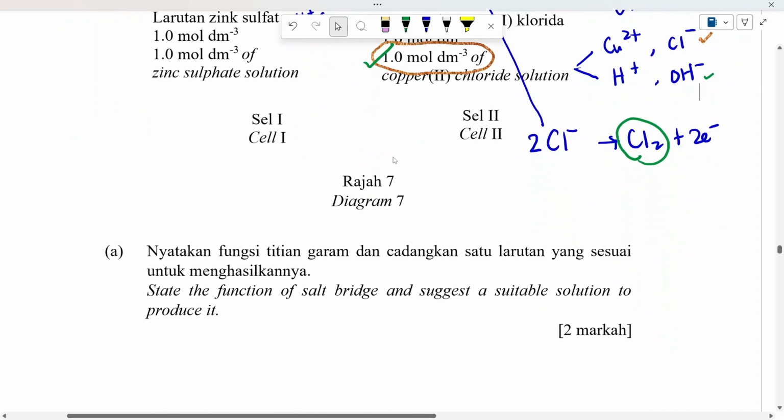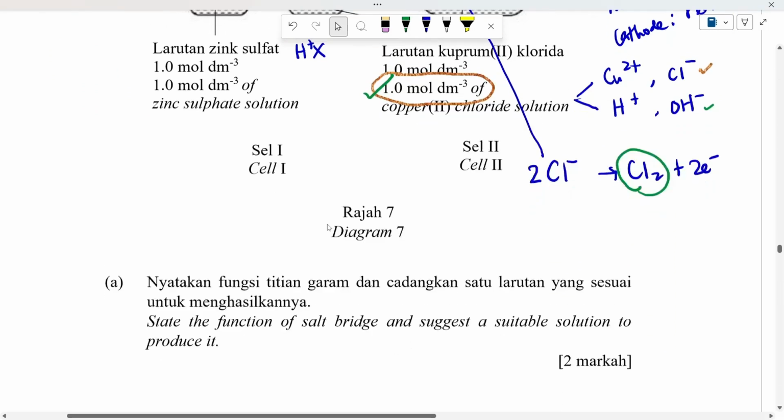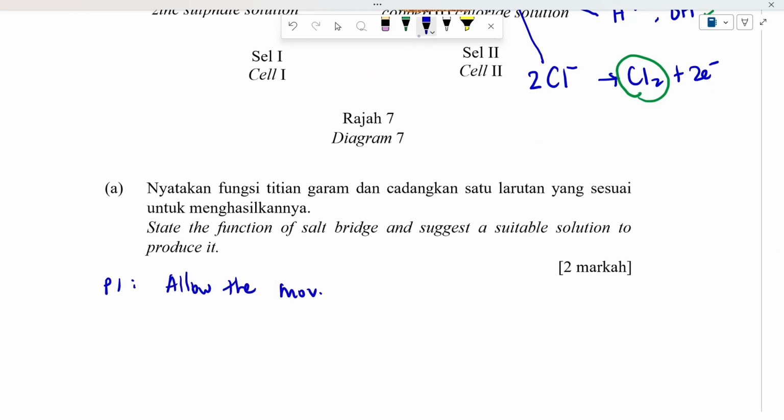Now part A, state the function of the salt bridge. What is the function? It allows the movement of ions. It is 2 marks, right? So point number 1, allows the movement of ions. Point number 2, a suitable one.